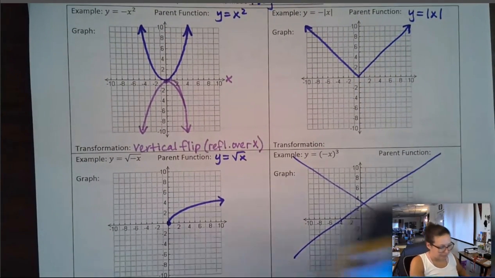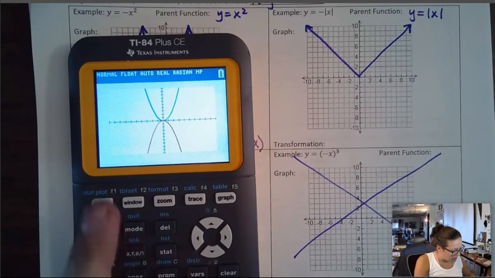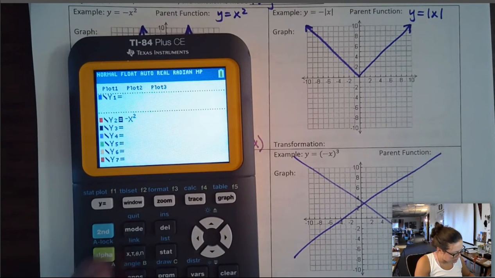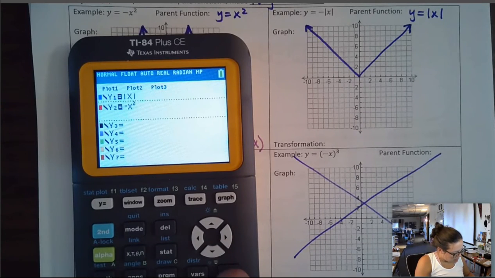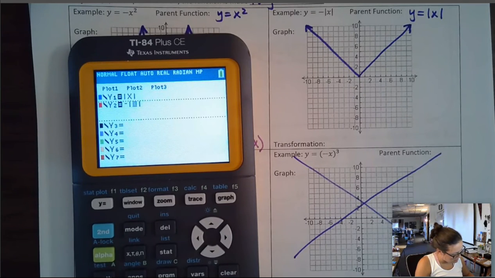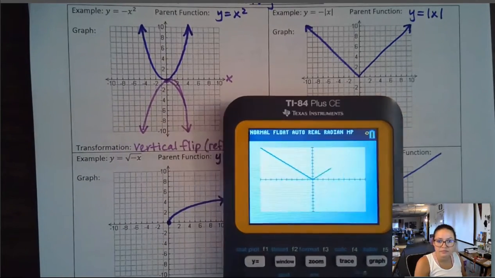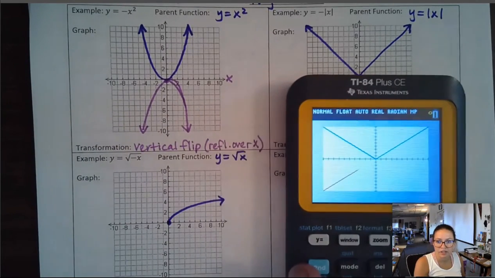Okay, next one. Y equals negative absolute value x. Type this in. Okay, there's our original. And once again, what do we see?